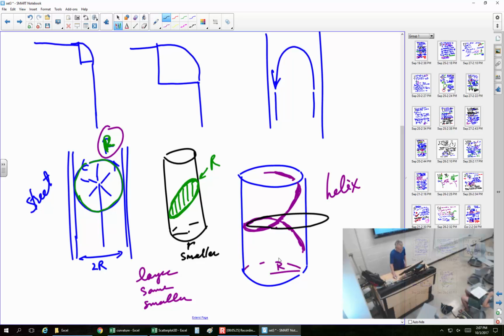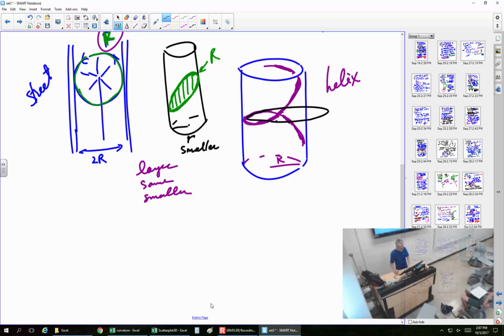I don't think I provided the formula, so let me do the formula for the helix. For x and y it is circular, r cosine t and r sine t, and for z it's simply t, or maybe a t with a coefficient if you want to stretch it vertically.